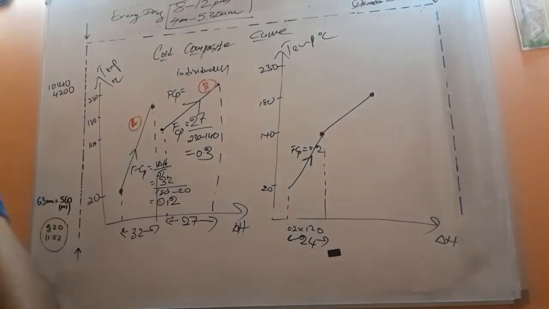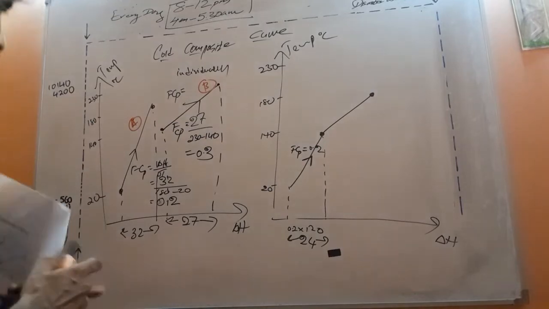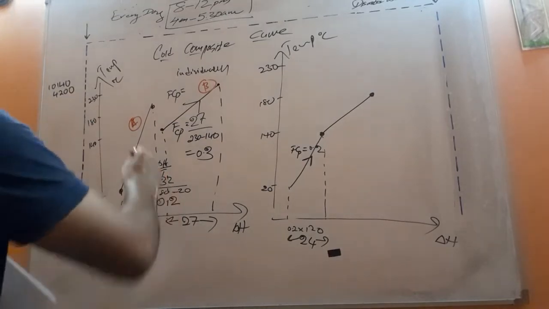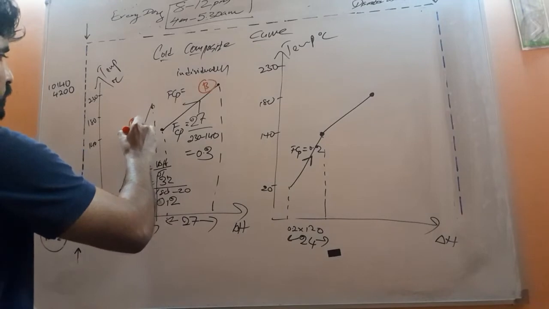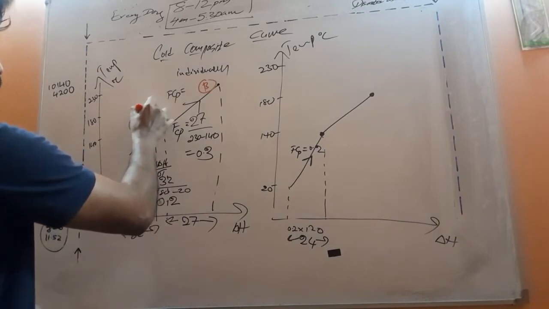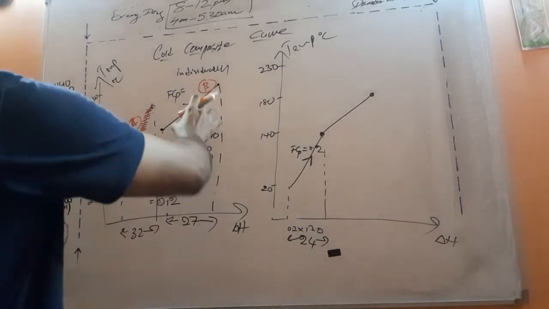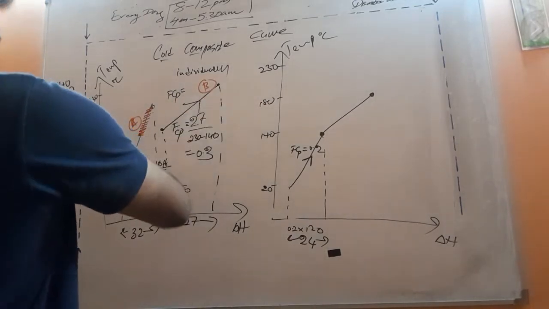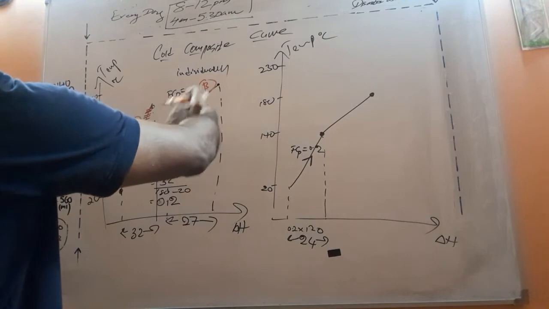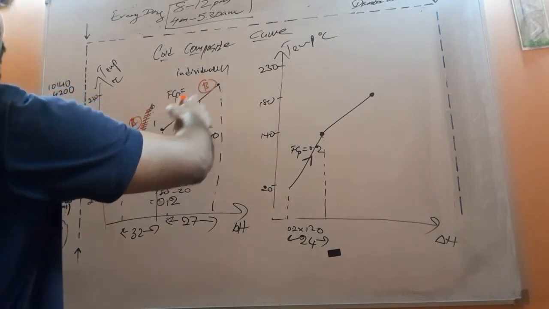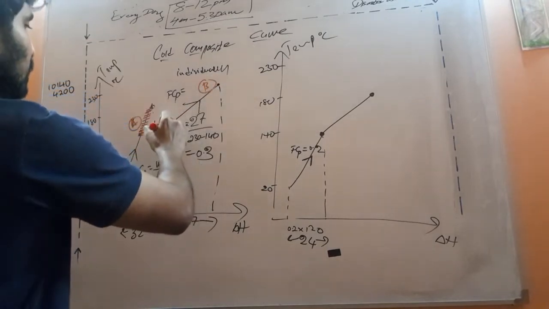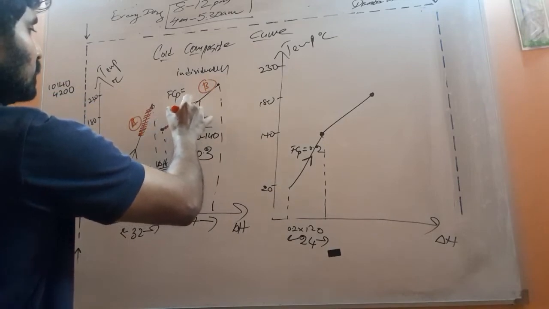Here you can see curve A also can be used to define the temperature range from 140 to 180. Not only that, even curve B also can be used to define the temperature profile from 140 to 180, right? See up to here, right?